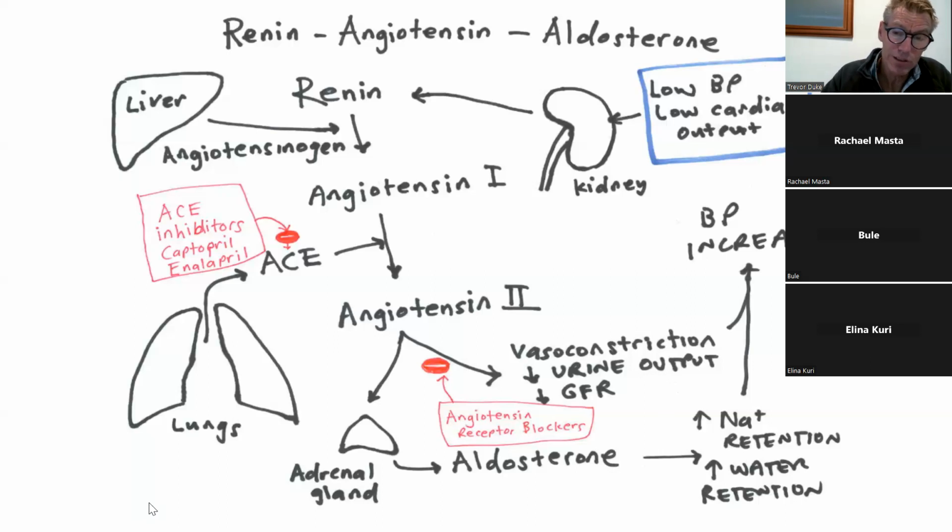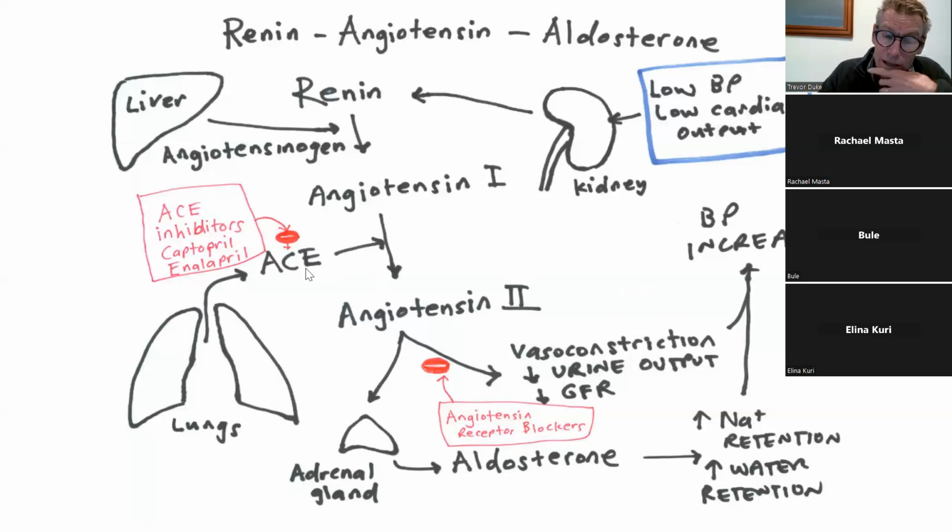So it's just useful to understand the clinical features of heart failure and the pathophysiology, like the endocrine basis for that. And it's also useful to understand this because there are some drugs that block this. Of course, angiotensin converting enzyme inhibitors. When we give captopril or enalapril, we're blocking this pathway at this step, angiotensin converting enzyme, which reduces the amount of angiotensin 2 in the circulation, so therefore reduces vasoconstriction, therefore will reduce blood pressure and reduce the salt and water retention.